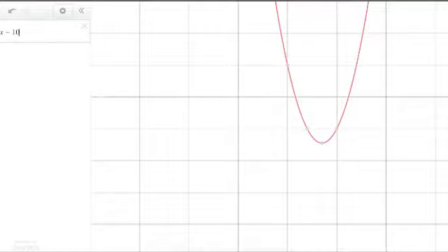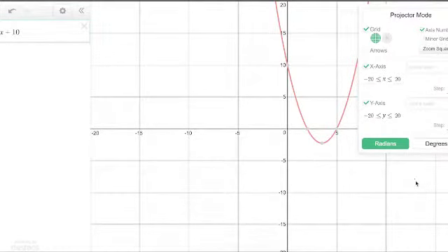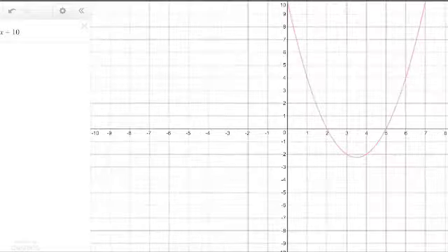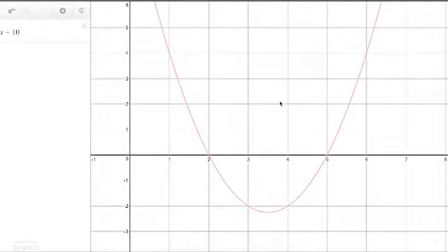If x is 5 or x is 2, both times we get a 0, what letter when we're graphing do we have left to be 0? Y.